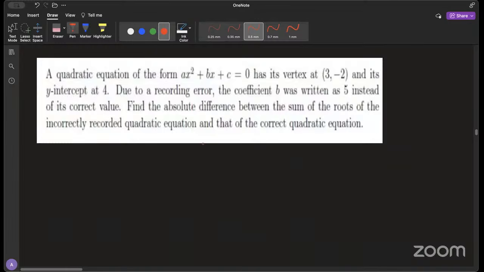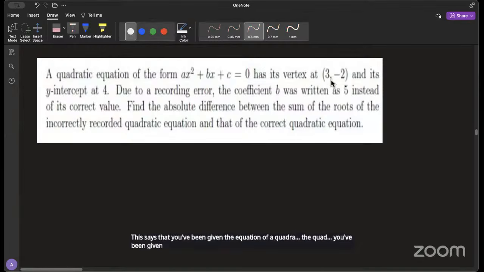Let's do this question. This question says that you've been given the quadratic equation and the vertex is given to you as 3 comma minus 2 and its y-intercept is also given. So the y-intercept is 4.